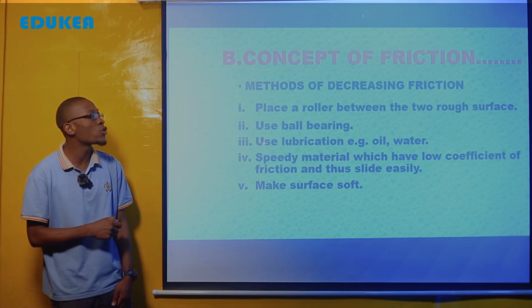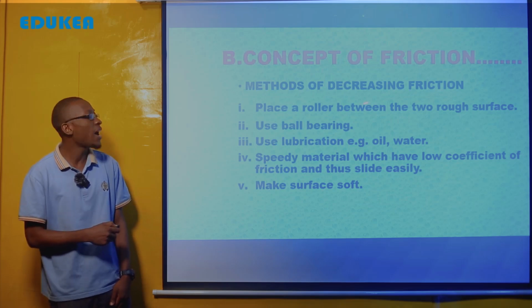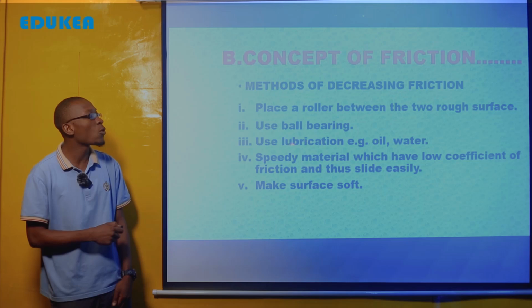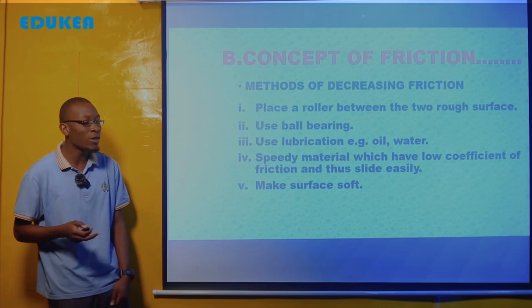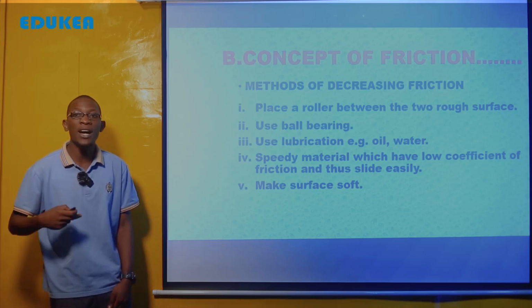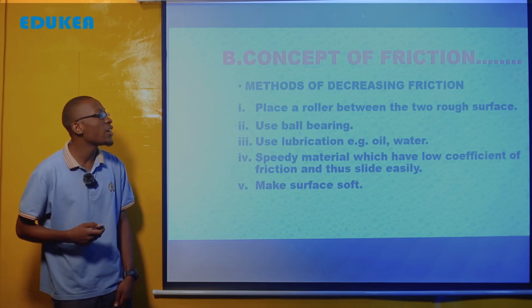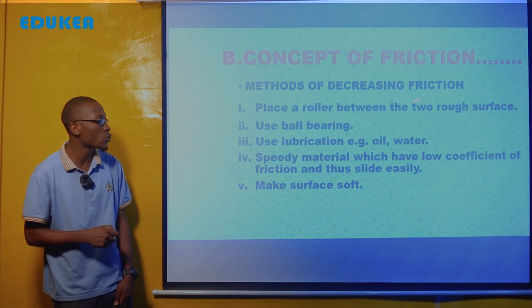Kwa lengo la kupunguza ile friction force kwa kuweka balls. Tunasema ball bearings, kwamba ni kama mipira midogo ya chuma, huwa tunaitengeneza, tunaiweka pale wakati wanapojenga magorofa yetu, ili friction inapotokea isiweze kuathiri zaidi. Kwa hiyo hii pia ni method ambayo inatumika kwa ajili ya kudecrease friction.